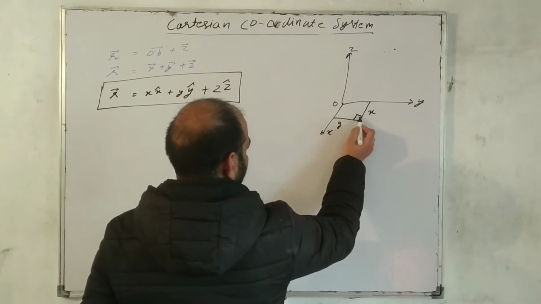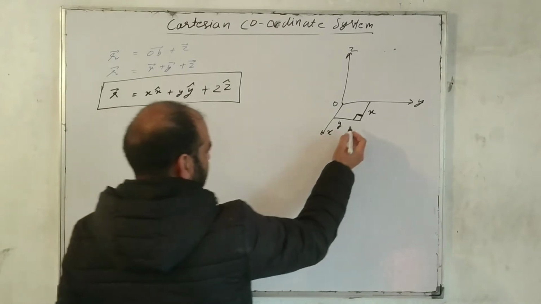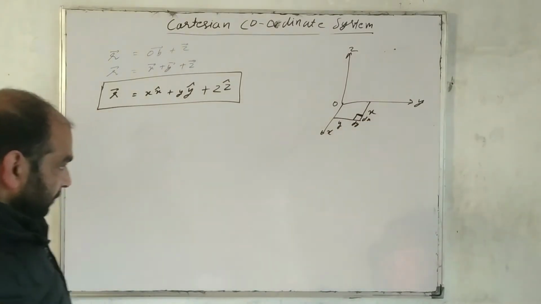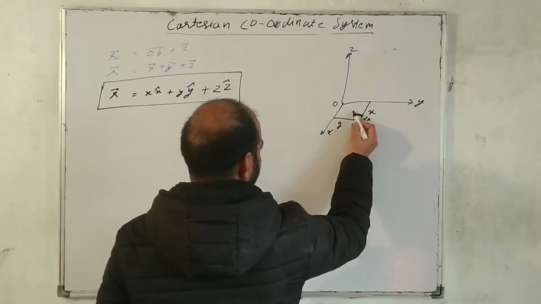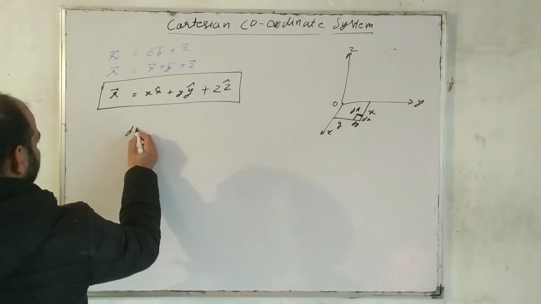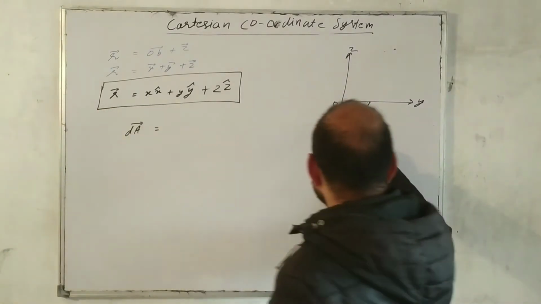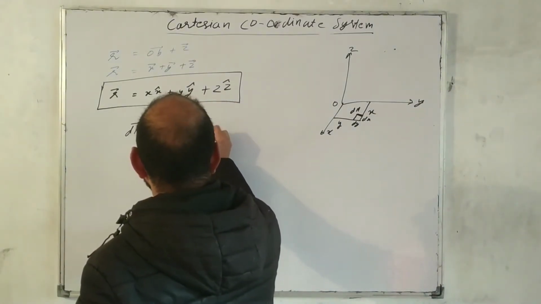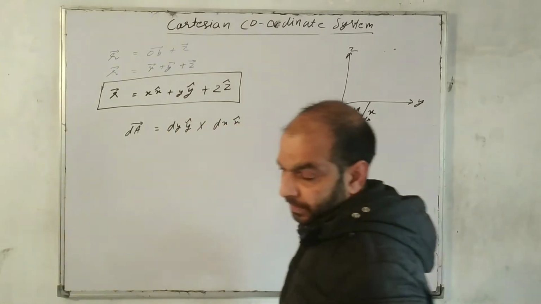Let this be dy and this be dx. Now let this small area element be dA. So I am writing here dA vector is equal to length into breadth. So I am writing it dy y cap cross dx x cap.